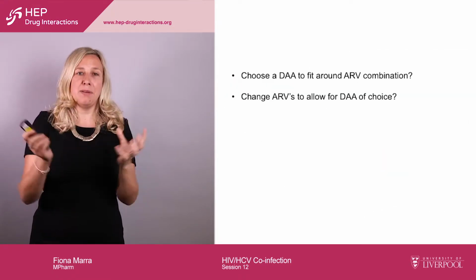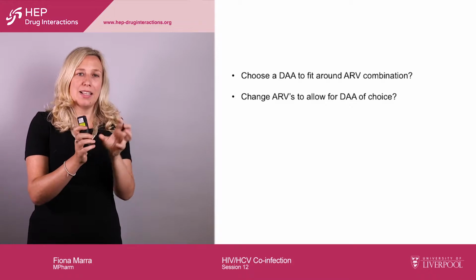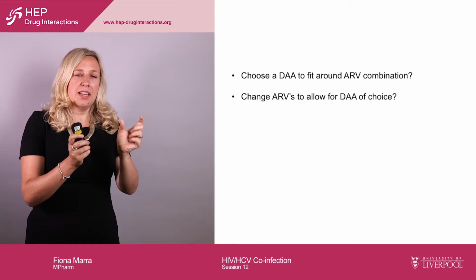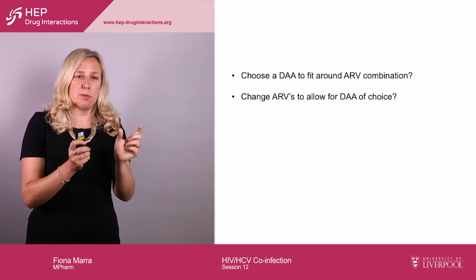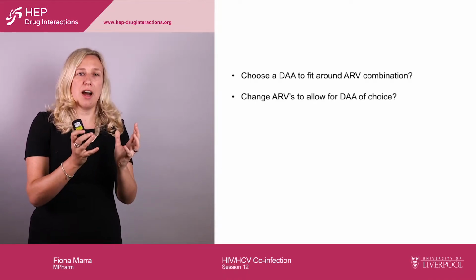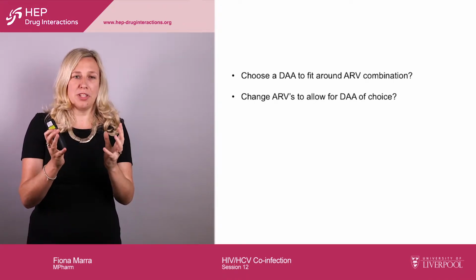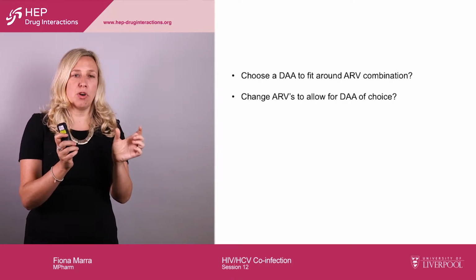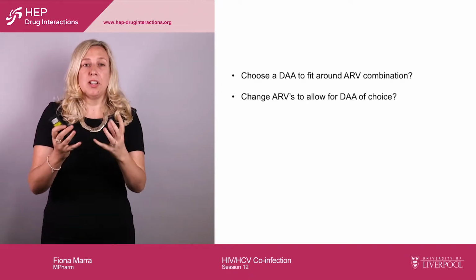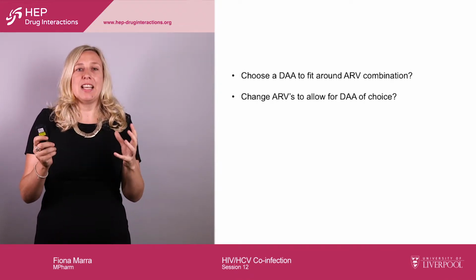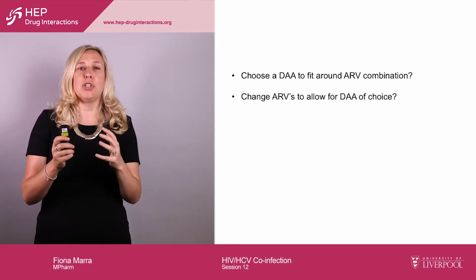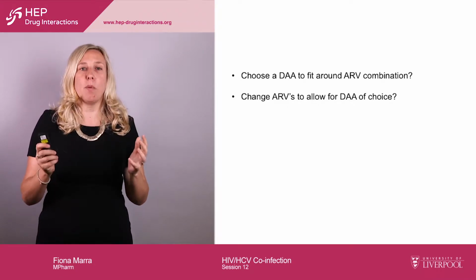So bearing that in mind, with our 3 options that we had for our darunavir-cobicistat interaction, the sofosbuvir, velpatasvir, sofosbuvir, ledipasvir combinations, because of the reduced eGFR, the decision was made with this patient that for the combination they were on for treating their HIV, there was ultimately no real good combination for DAA therapy that didn't have some issues that perhaps we couldn't get round by just switching the HIV combination.